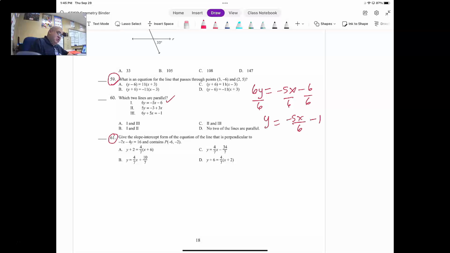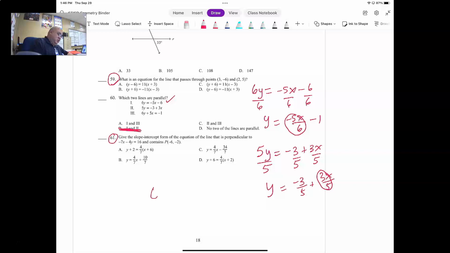That's the first equation. We have 5y equals negative 3 plus 3x, divided by 5. So y equals negative 3/5 plus 3x over 5. This is negative 5 over 6. This is 3 over 5. They're not parallel. So 1 and 2 will not be parallel. So we know automatically that B is not going to be the answer.